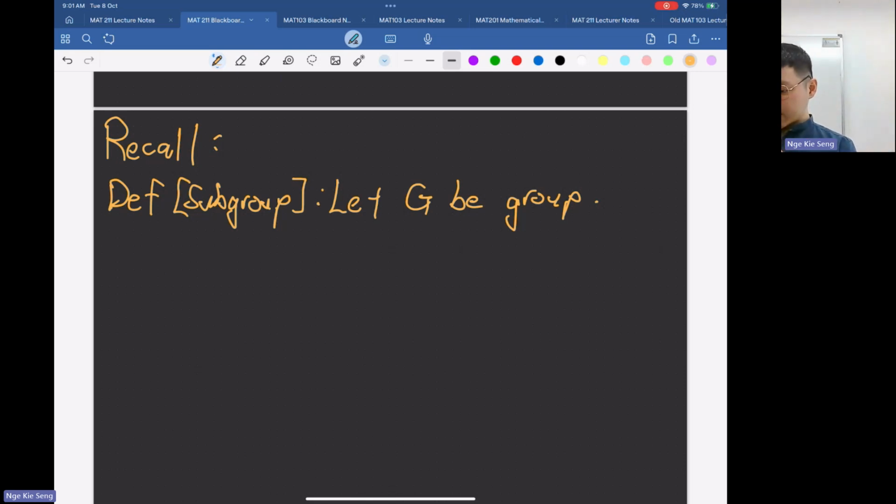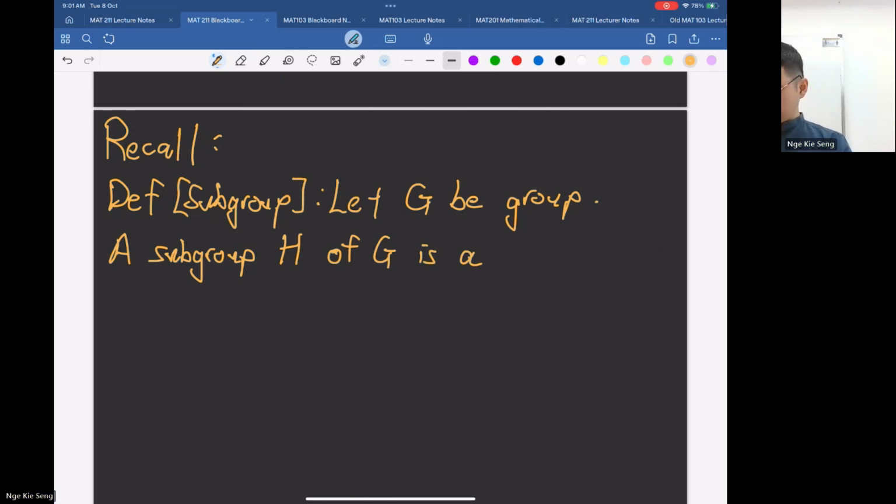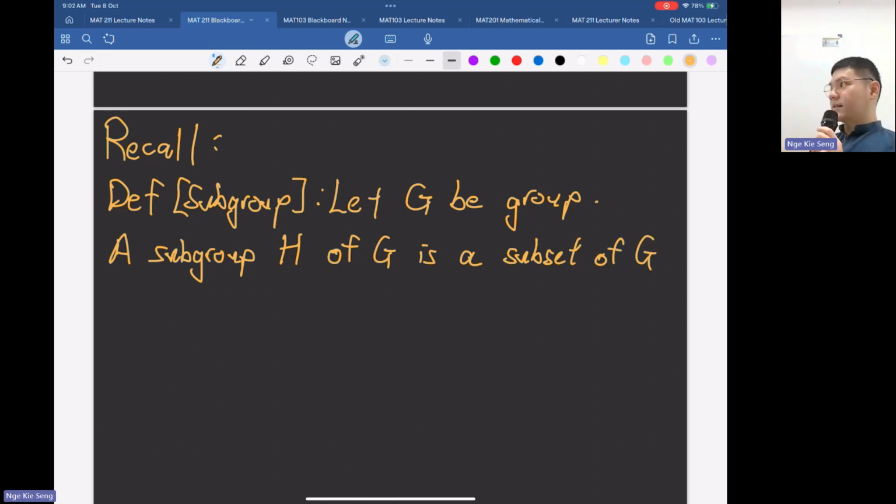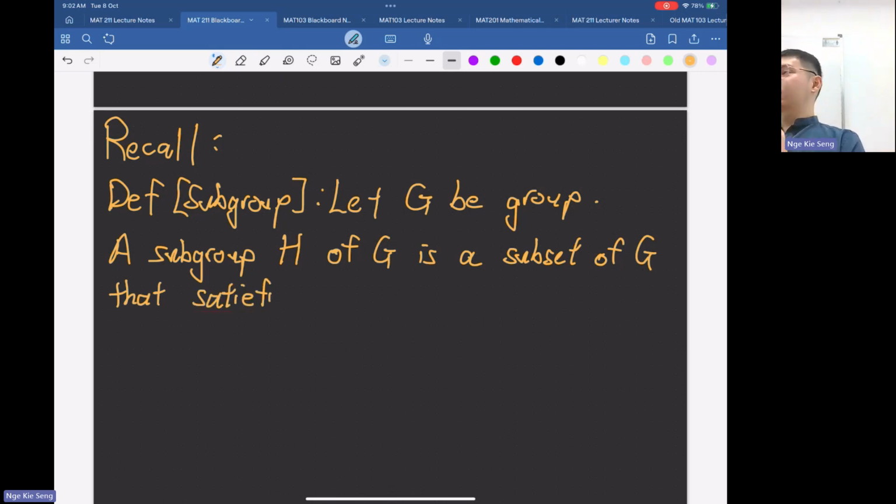Okay. So what's a subgroup? A subgroup H of G is, first of all, a subset of G that also satisfies three properties. Anyone can recall what are the three properties?